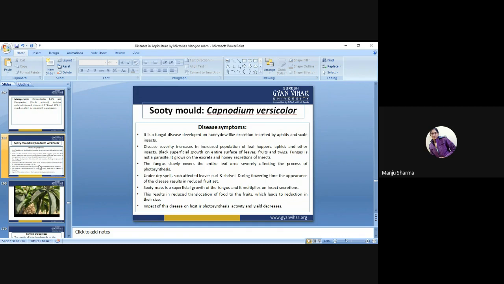Disease severity increases with increased population of leafhoppers, aphids, and other insects, with black superficial growth over the entire surface of leaves, fruits, and twigs.